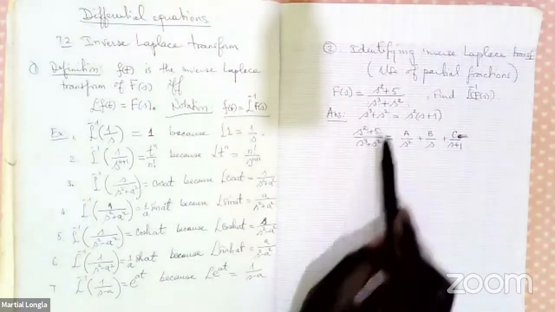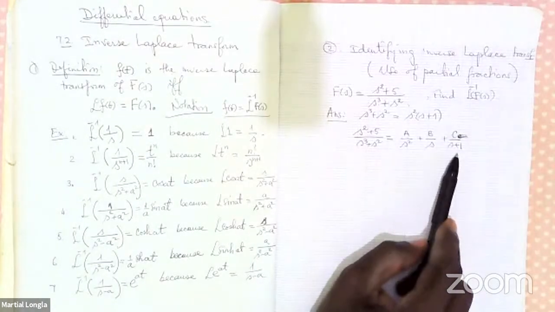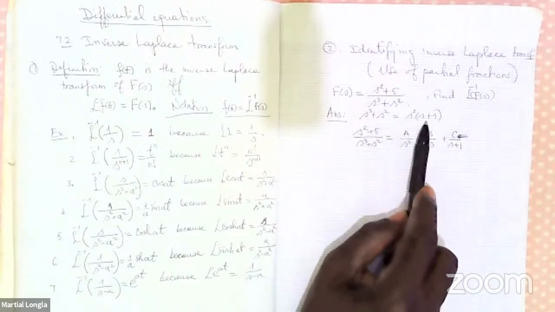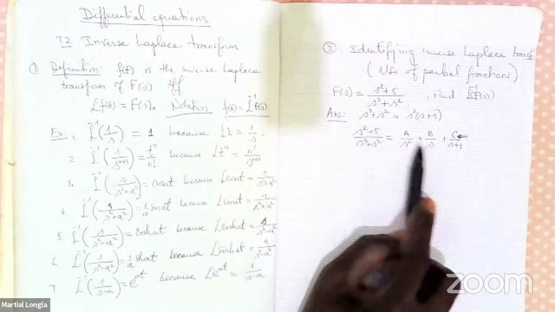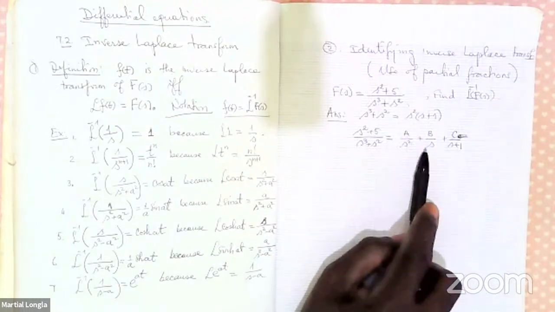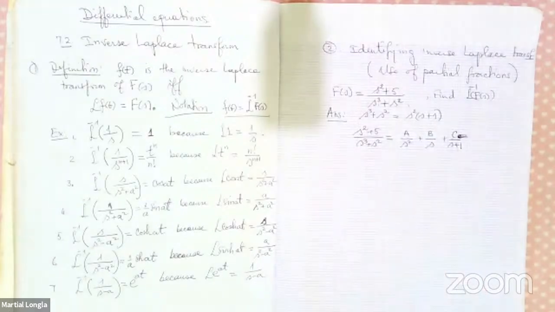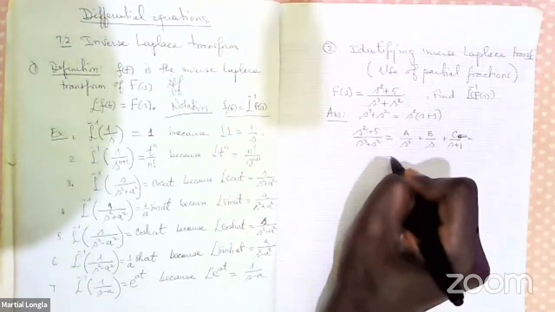So you are going to have one coefficient over s squared, another one over s, and another one over s plus 1, because these are powers of s and s plus 1. For a square, you're going to have square, then s. If you had cube, you have cube, then square, then 1. For 1, it's just 1 power. And then you find the common denominator.